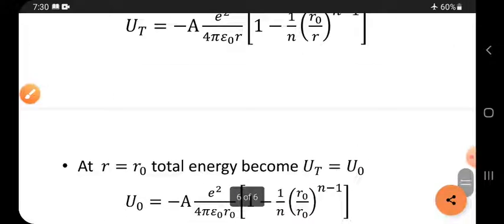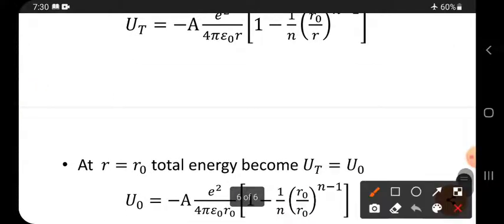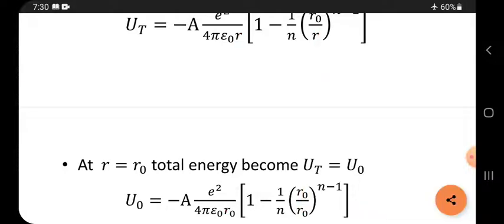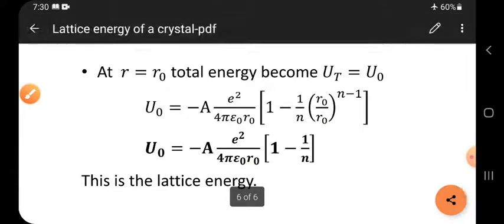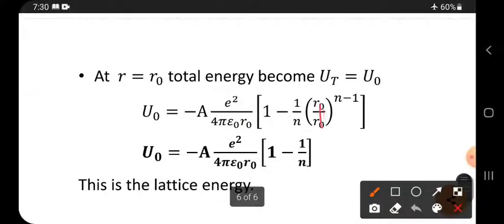Once again, see where I kept here and here only, in the place of r naught it is substituted. Now these two get cancelled. Then what happens? We get here only 1 power anything, which is just 1 only, so that is why 1 by n will remain.